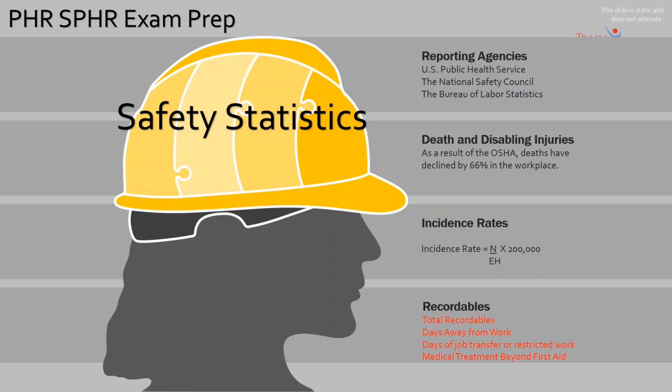Days away from work is a measure of accident severity and involves 1 or more days away from work. Days of job transfer or restricted work is another measure of accident severity and involves the number of days employees are able to work but are unable to perform their regular job duties. And other recordable cases include cases that involve illnesses, injuries, anything that requires medical treatment beyond first aid.